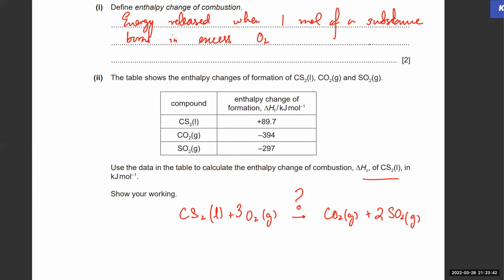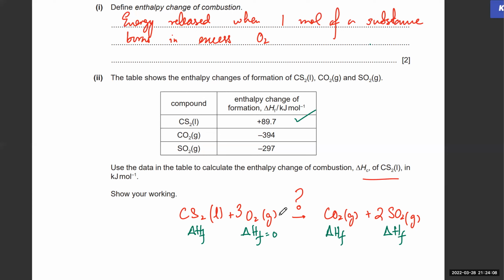So the formula is: you're given the enthalpy of formation of CS2, delta HF. You're given the enthalpy of formation of O2, which is not given in the question, but that is 0. The enthalpy change of formation of elements is always 0. You're also given the enthalpy of formation of carbon dioxide and of SO2.